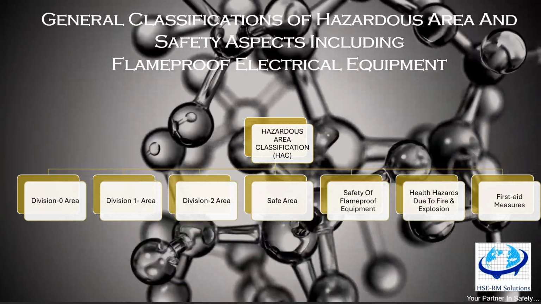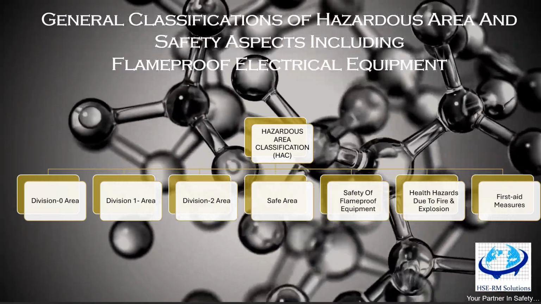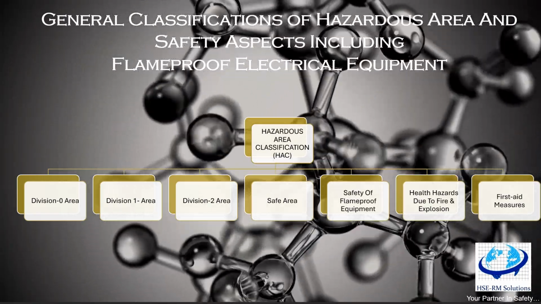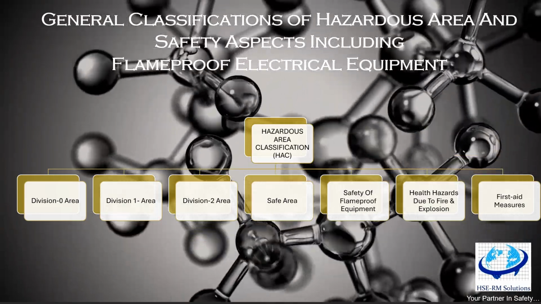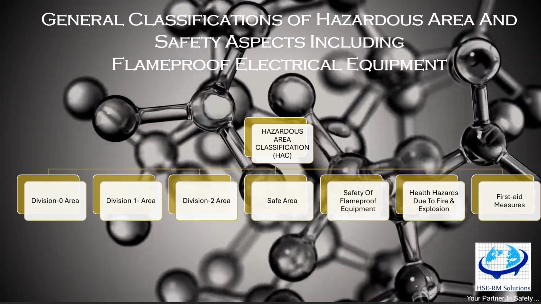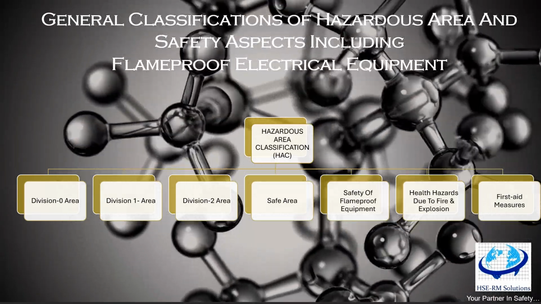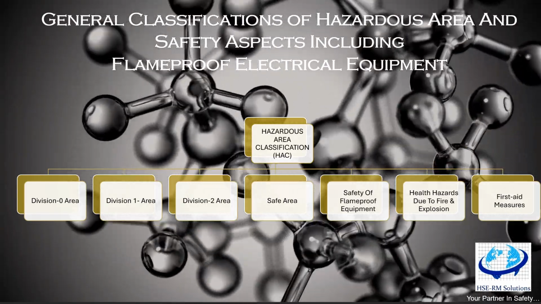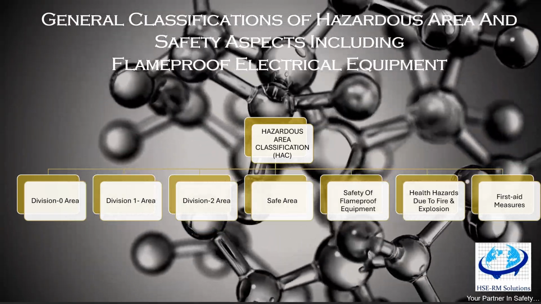Any such hazard should be classified as safe. So what we are doing is enclosing the hazardous area, containing it inside, and purging the gases, trying to make it safe. So that's what safe area is all about.